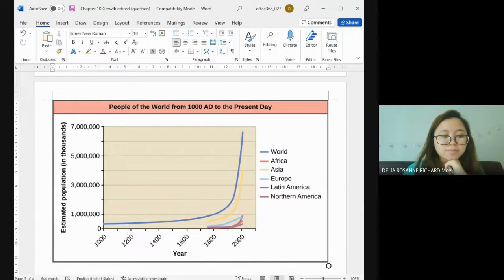Tapi antara sebab dia adalah kita pandai menggunakan sumber-sumber alam sekitar untuk memanfaatkan diri kita. So one of the reasons why we can stay as an exponential growth curve as a population is because we know how to exploit the resources in our surrounding.